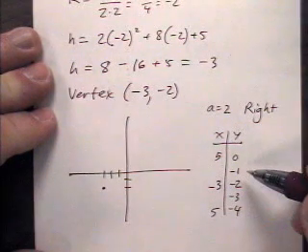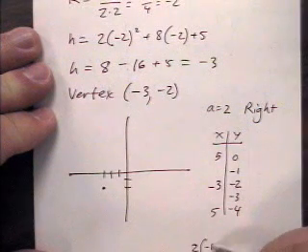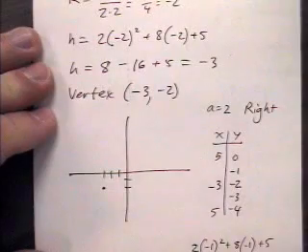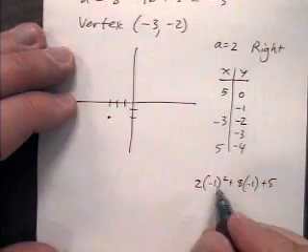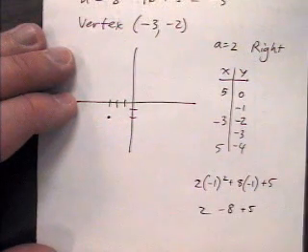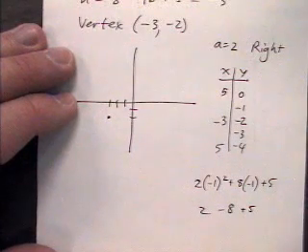If I plug in negative 1, right, 2 times negative 1 squared plus 8 times negative 1 plus 5. Let's see now. We've got 2 minus 8 plus 5. That's negative 6 plus 5, which is negative 1.